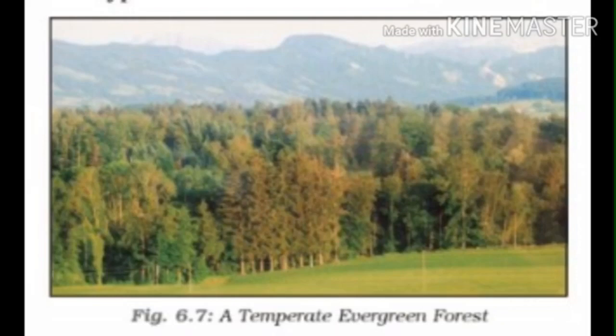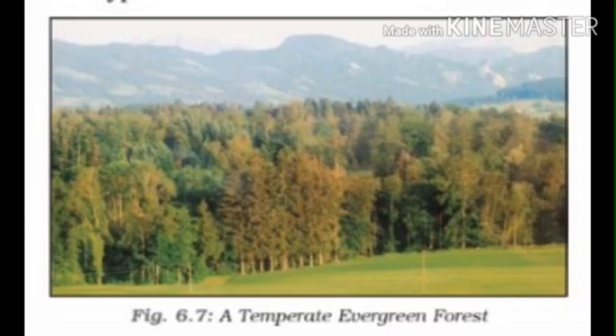Yes, in the mid-latitudinal coastal region. These are commonly found along the eastern margins of the continents. Give some examples, children. Southeast USA, then South China, and Southeast Brazil. Clear? Temperate evergreen forests have both hardwood and softwood trees. First point.